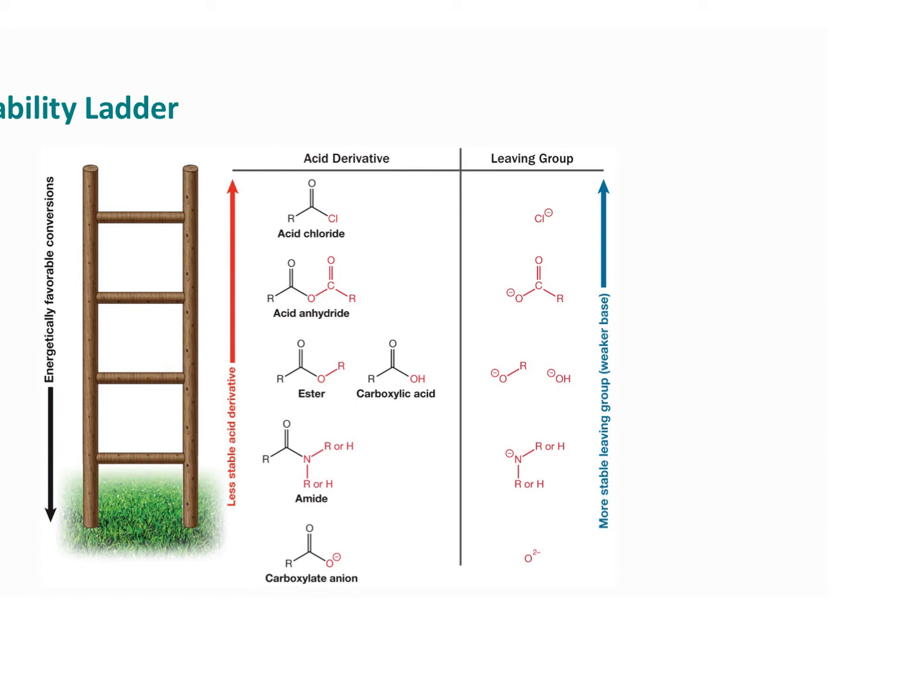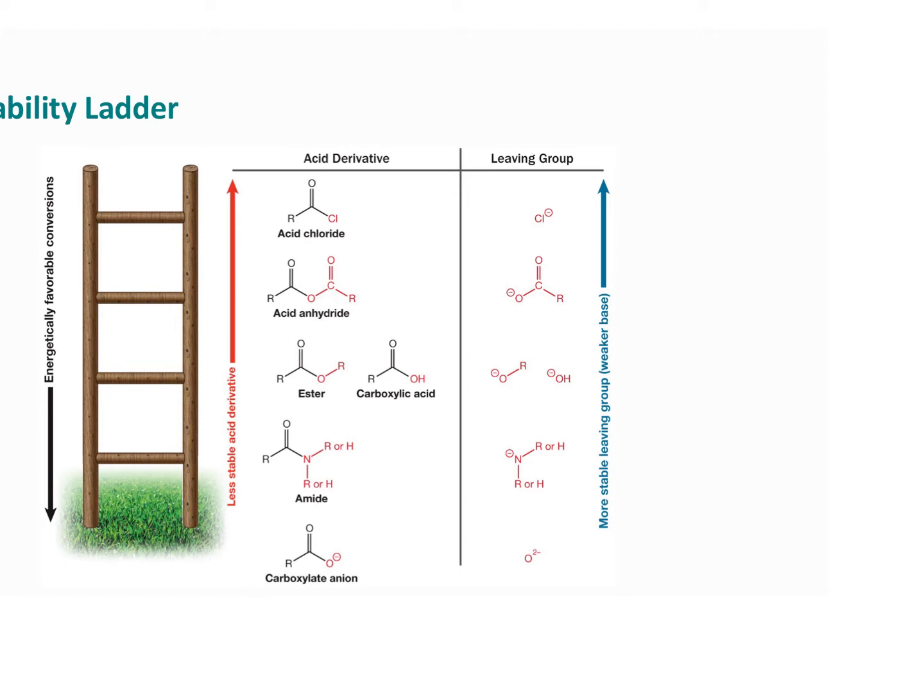It's generally easier to go down a ladder than to go up a ladder, right? And so with these arranged like this, the acyl chlorides are the most reactive. They'll react with any of these, okay? But this carboxylate ion here is the least reactive, right? And won't react with any of these up here.